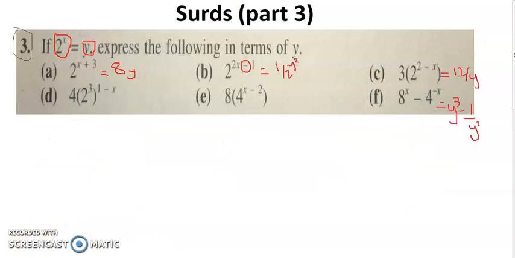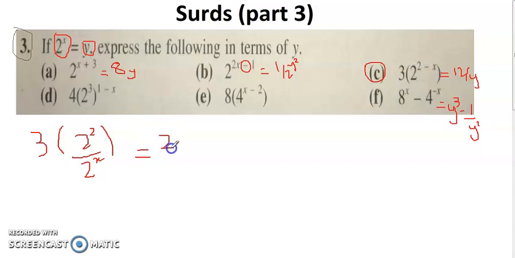Now we will solve question part C, right? So 2 to the power minus x, right? So once again what we'll do is 3 bracket open. Now we break this: 2 squared divided by 2 to the power x, right? I've explained why this is happening in the first question. Okay, so we've written this in this form, and now what we need to do is convert this into y, because anything if you find 2 to the power x, you convert it into y always, right?